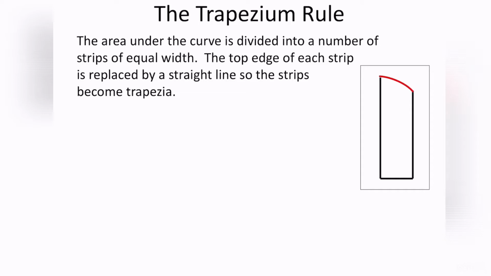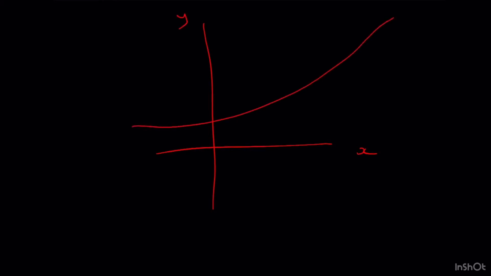Basically, if we have a curve and we draw, this is the trapezia now. This is the x-axis, y, and then we have a curve here, and it's been divided into n trapezia, with limits from a to b.